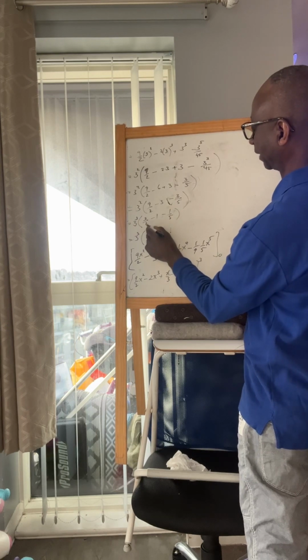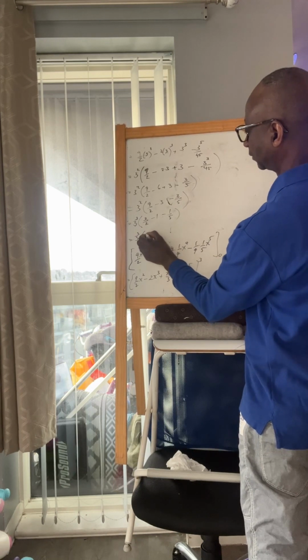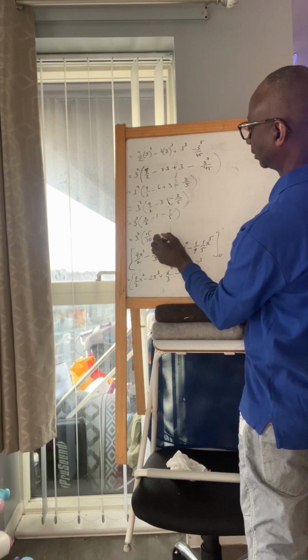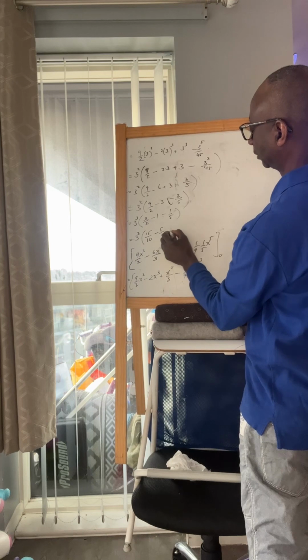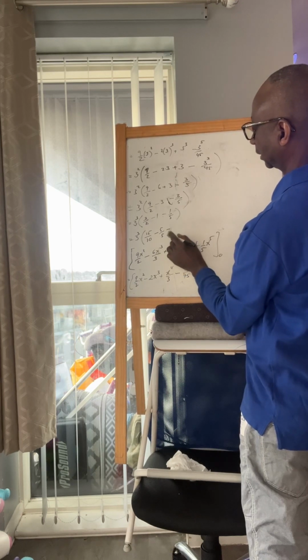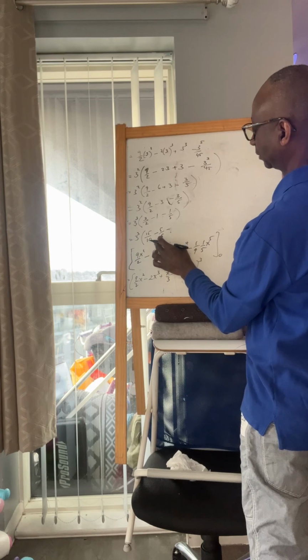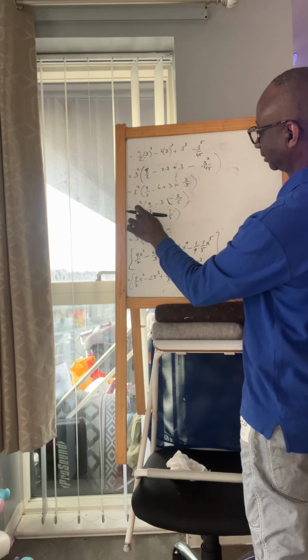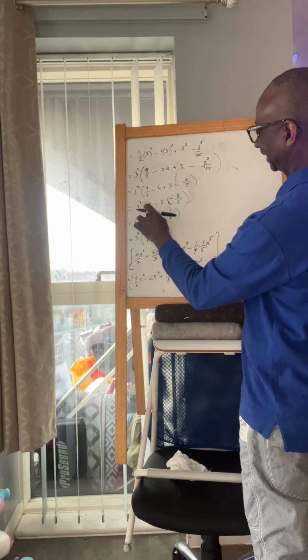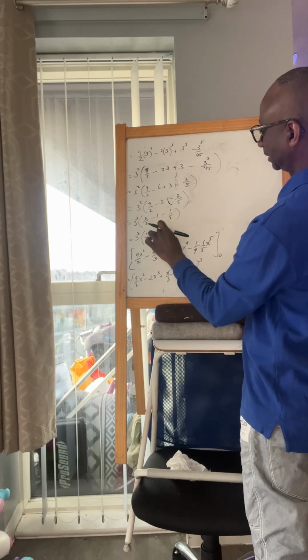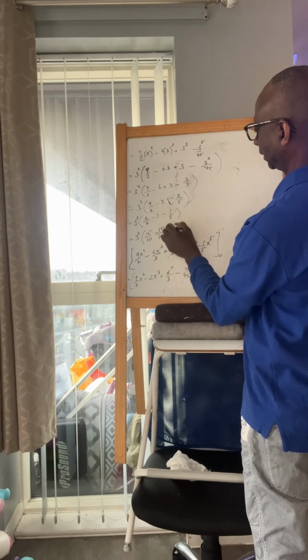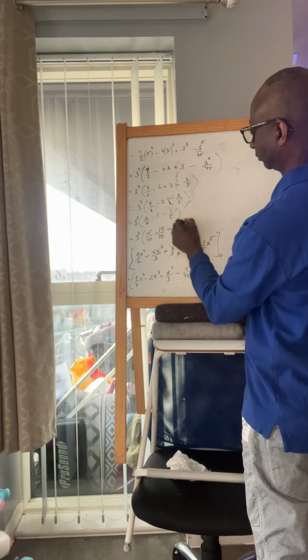If I multiply this by 5, I will get 15 all over 10. I multiply top and bottom by 5. This one I will get minus 5 all over 5. Now what I want to do, I want 10 here. If I want 10, multiply this by 5, 15. I want 10 here. So this should be 10 all over 10, and this should be 2 all over 10.